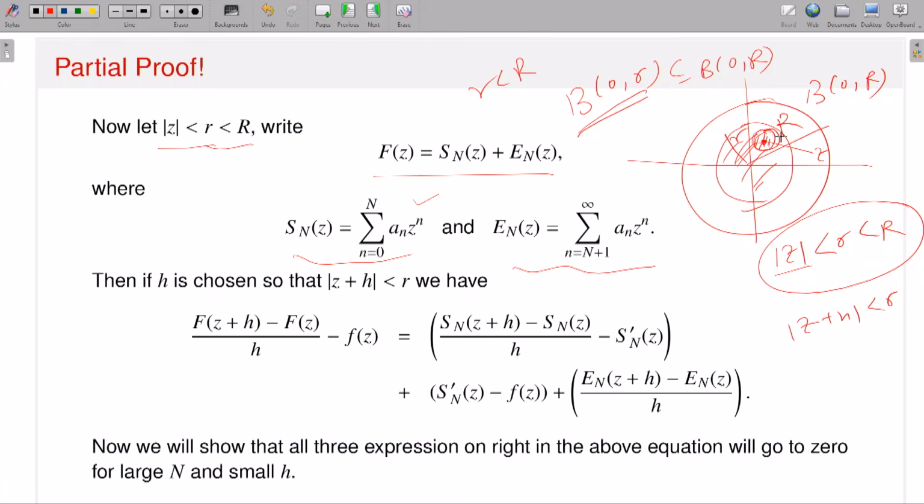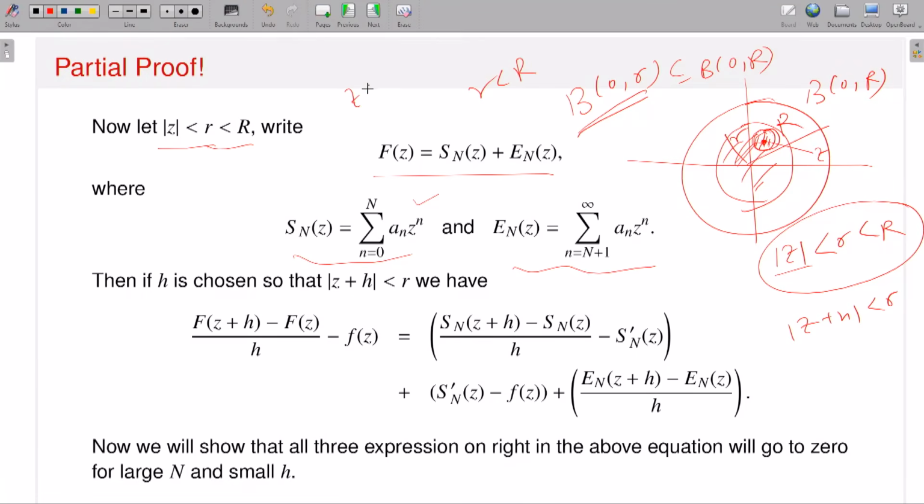I can always do that, because z belongs to the ball of center 0 radius r, which is an open set. So I can have a small open ball around the point z, fully contained in the ball of center 0 radius small r, and take z plus h in that small open ball.